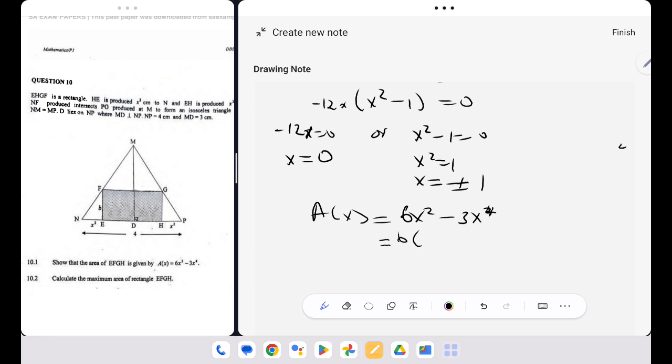So I'll just say 6 minus 3 and I'll get 3 centimeters squared. So that will be my maximum area.